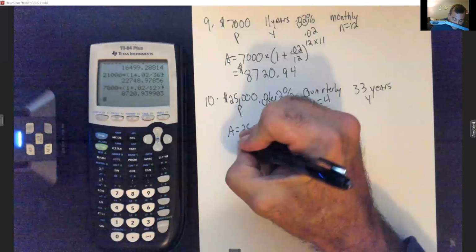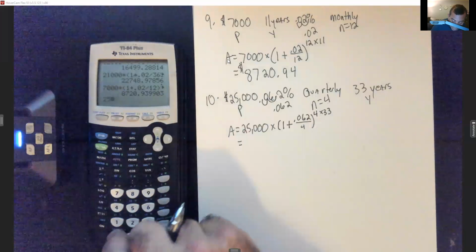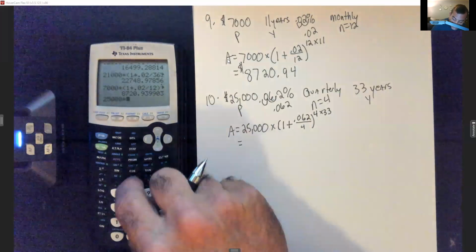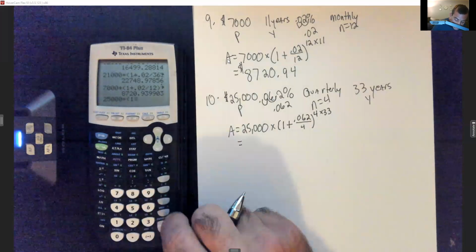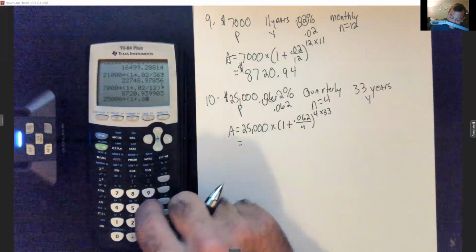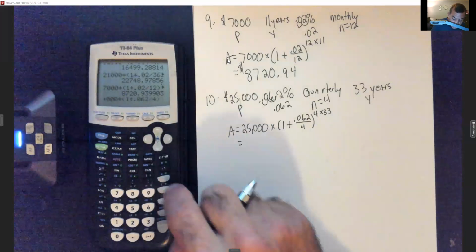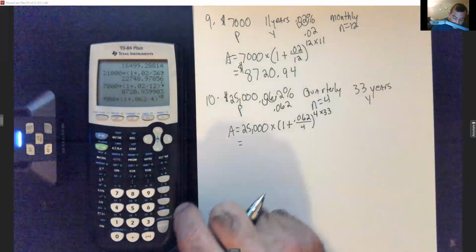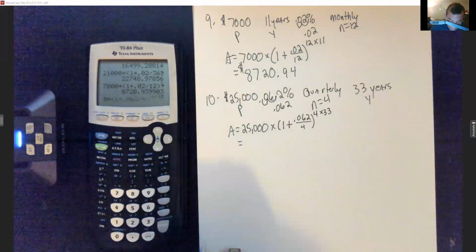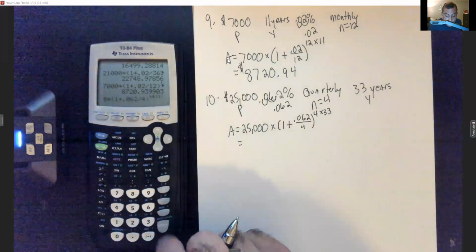So let's see, 25,000 times parenthesis 1 plus 0.062 divided by 4, close parentheses, exponent is 4 times 33. All right, looks like we got it in.